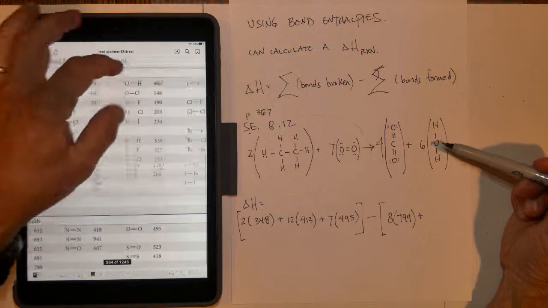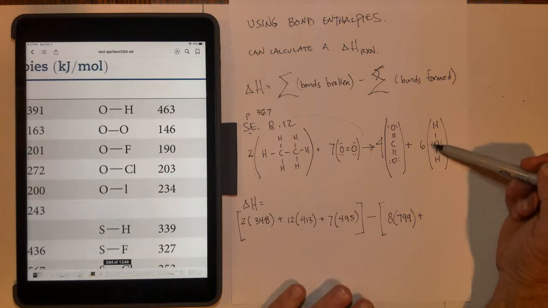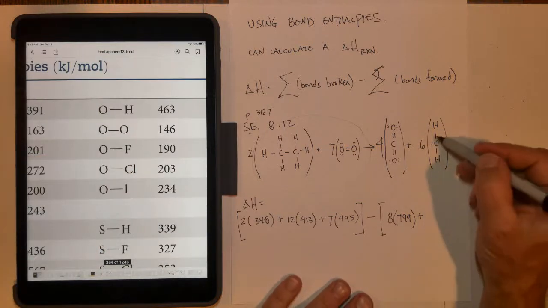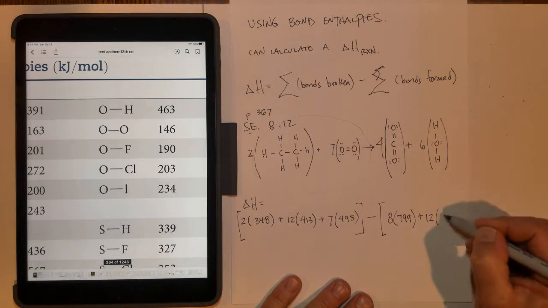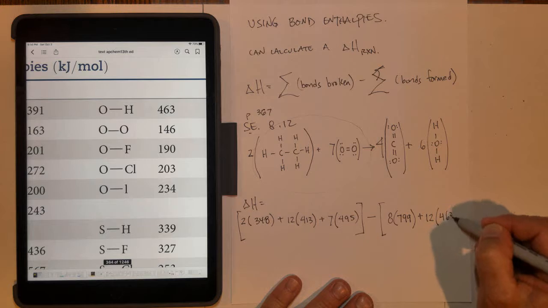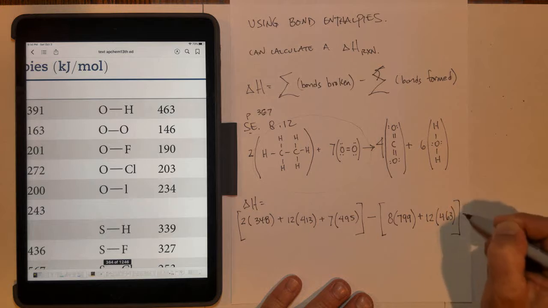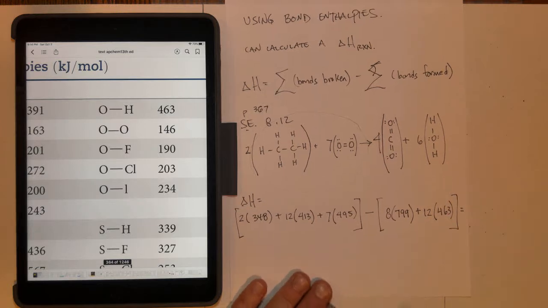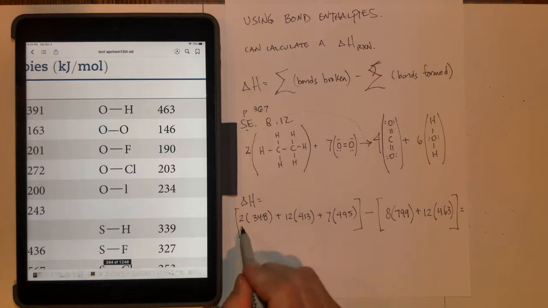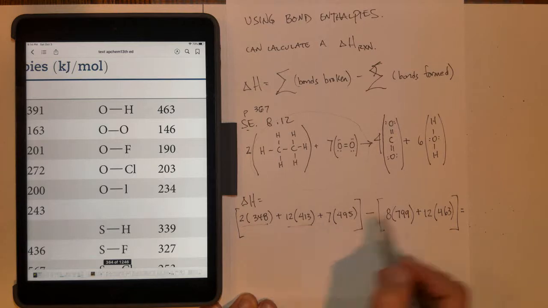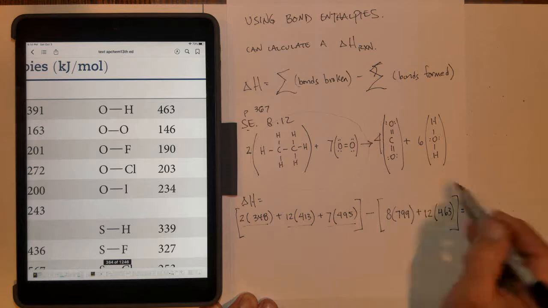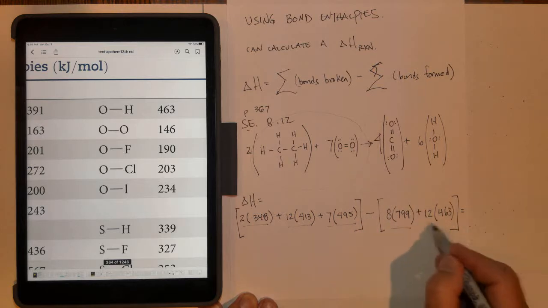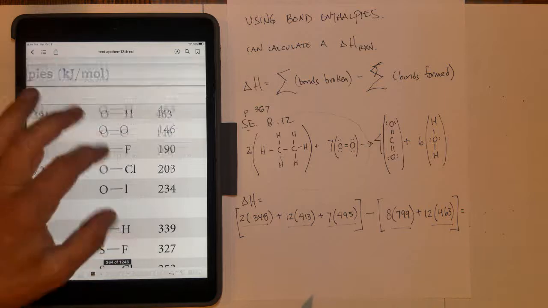So here's the O-H bond right here, 463. So 2 in here, there's 6 of those molecules, so that'd be 12 times the 463. Now, 2 times this, plus 12 times this, plus 7 times this, minus, and then do all this at once, 8 times this, and 12 times this.